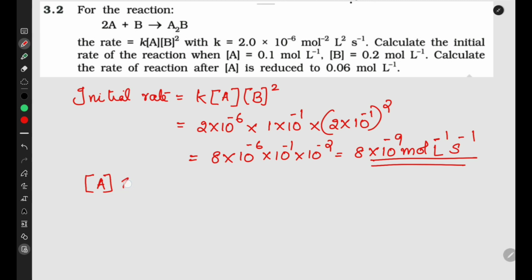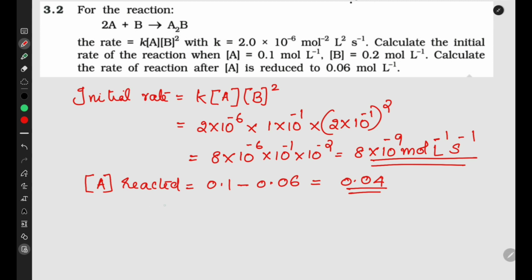So concentration of A reacted or consumed is equal to 0.1 minus finally 0.06, that is equal to 0.04. So according to the equation we know 2 moles of A react when 1 mole of B reacts.